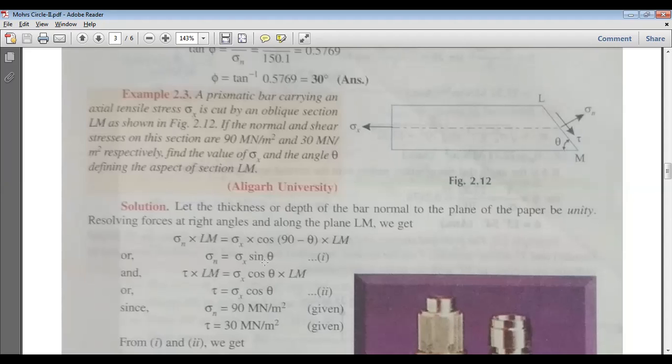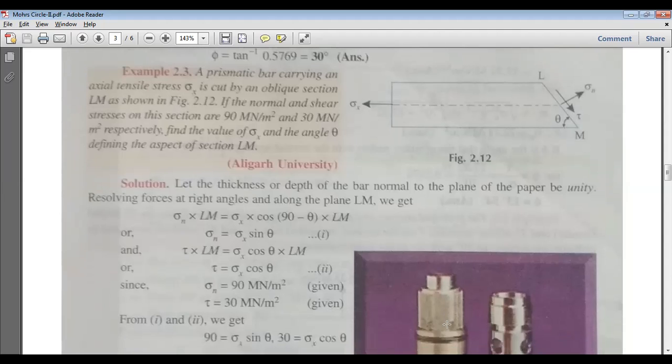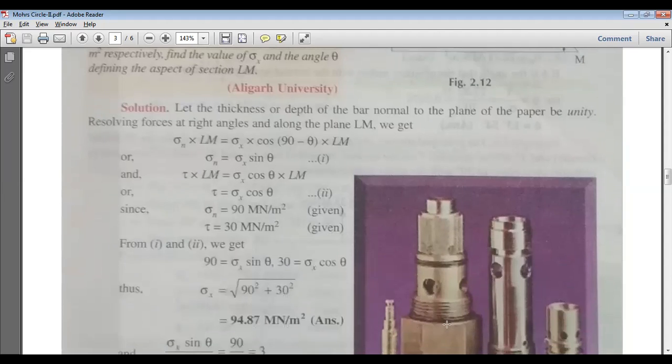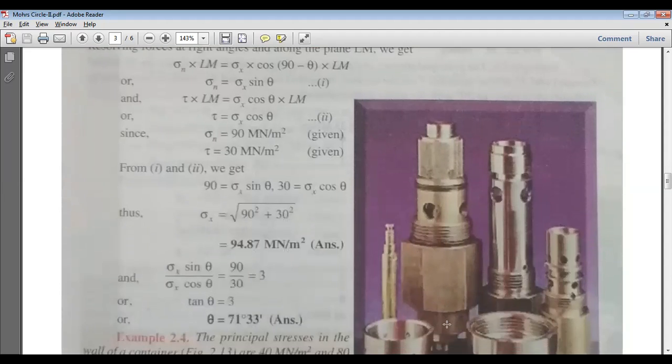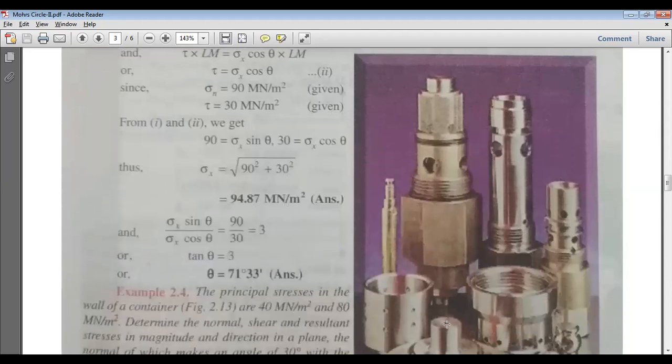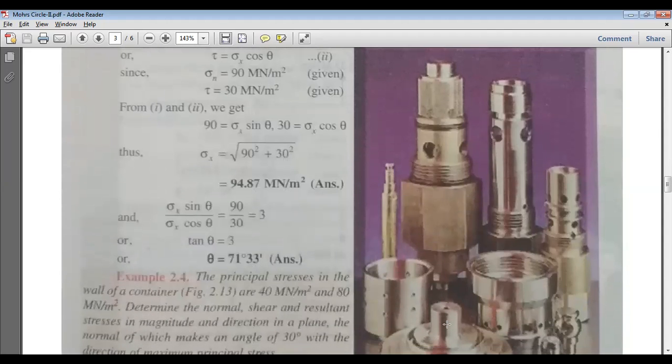On the right side, we take sigma x square as common, and sine square theta plus cos square theta makes 1. Substituting the values of sigma n and tau and taking the square root, sigma x comes out to 94.87. So this is the value of sigma x.